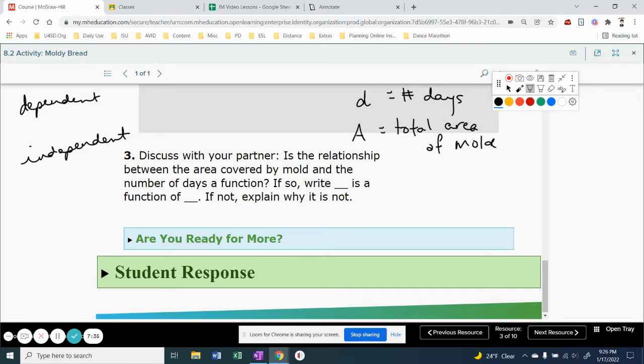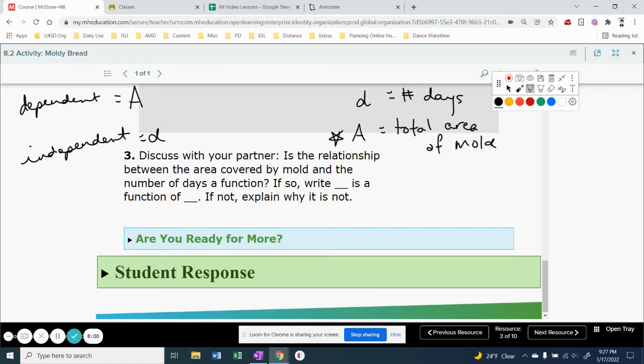Okay, which of these depends on the other? Hopefully you recognize that the area depends on the number of days. The more days we have, the larger the area. The fewer days we have, the smaller the area. So A depends on D.